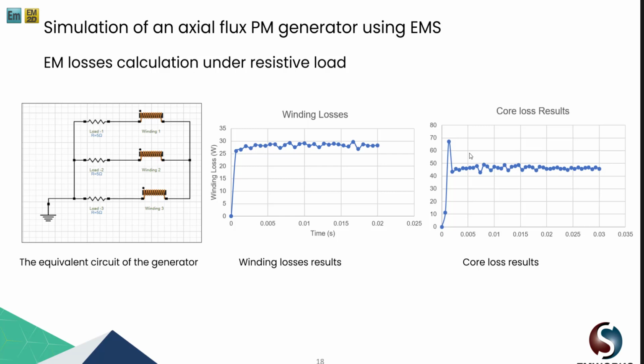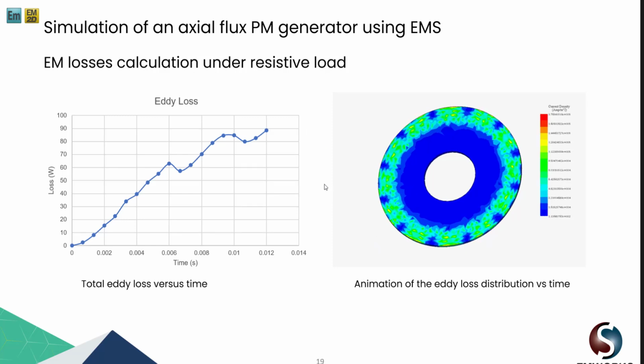Winding and core loss results are computed by the EMS software. It offers the capability to use these losses to calculate the temperature of the machine. So not only does EMS give you the losses, both core losses and winding losses, from the losses it computes the heat load and feeds them into the thermal program to actually give you the temperature distribution. And so these are eddy losses, for instance, as a function of time.